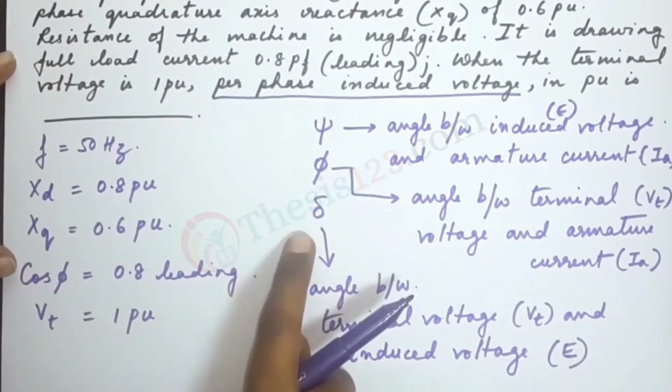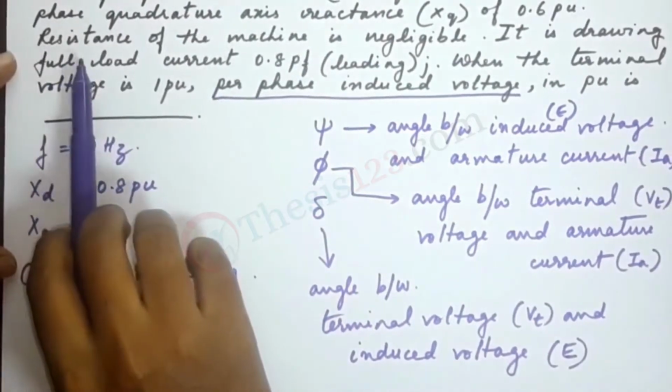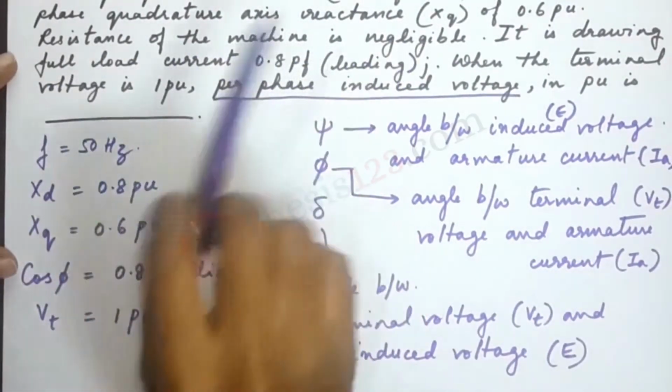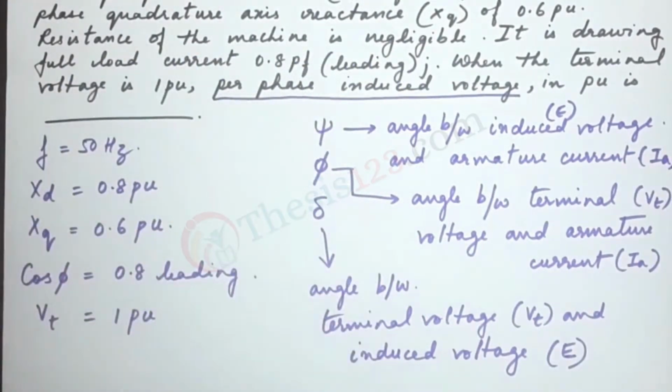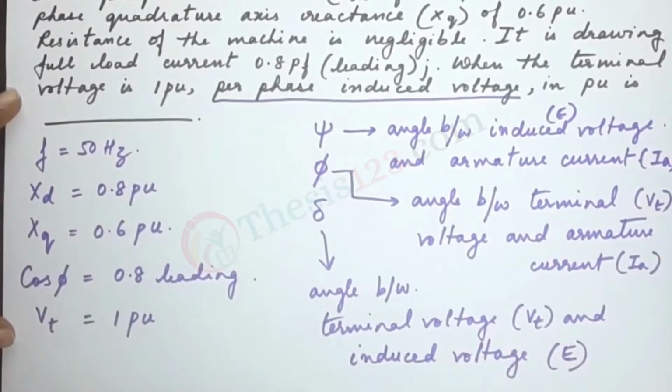Now this will really help. Also, since the question says that the resistance of the machine is negligible, we can ignore the armature resistance. So this is all that we have for now.